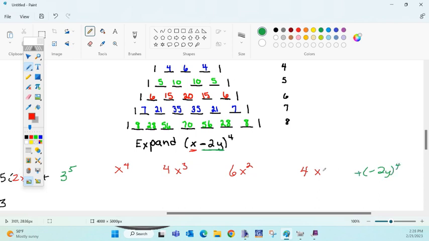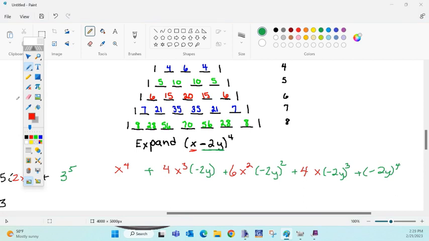We can put a plus in here, negative 2y to the 3rd. We can put a plus in here, negative 2y squared, plus negative 2y, just negative 2y, and then a plus here. So when you're carefully working your calculator out, you're going to have to watch your negatives.